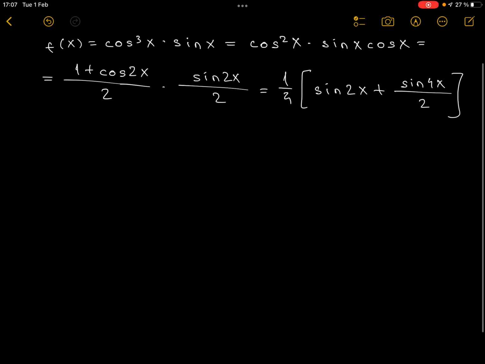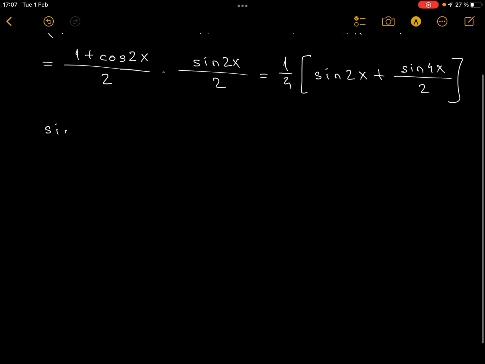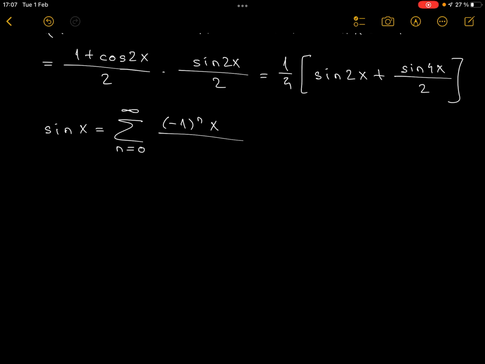Now, it's already known that sine of x can be rewritten as the sum as n goes from 0 to infinity of minus 1 to the nth power times x to the power of 2n plus 1 over 2n plus 1 factorial.